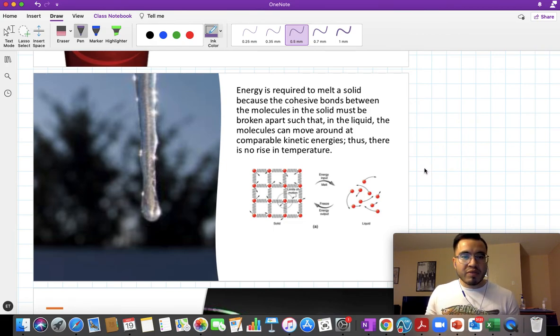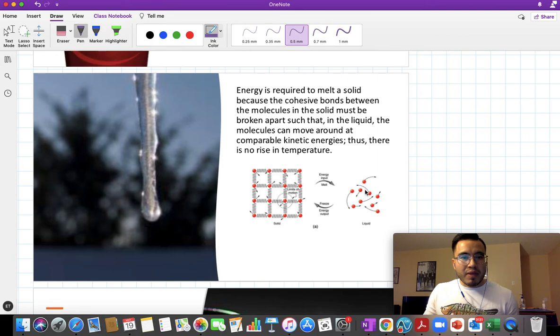Energy has to come from somewhere. And the reason why is the molecules in a solid, in this case ice, are close together, tight, in a very ordered manner. Look at the arrangement over here. So you need energy to break these bonds and have the molecules move a bit more freely.